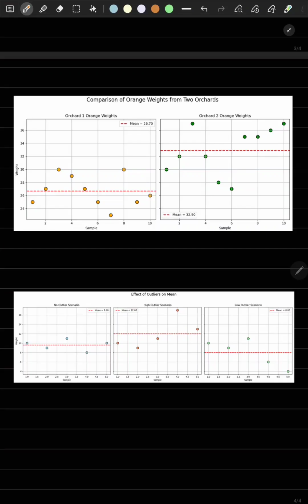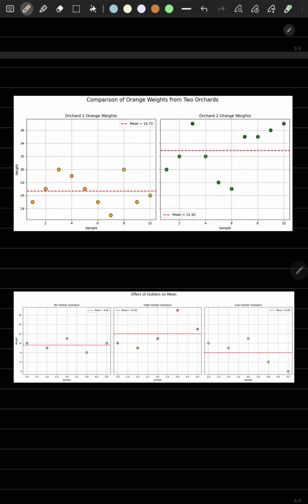Now if you remember the result, we concluded that oranges from orchid 2 tend to be heavier than oranges from orchid 1, and this is what we see in these plots. So if you see, all the green dots in the right plot are a bit higher than all the orange dots on the left side.